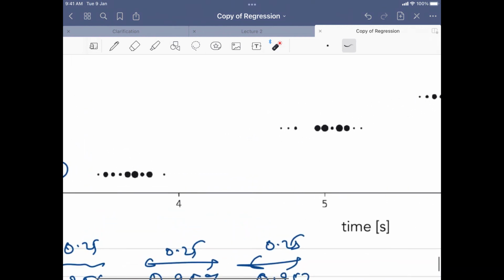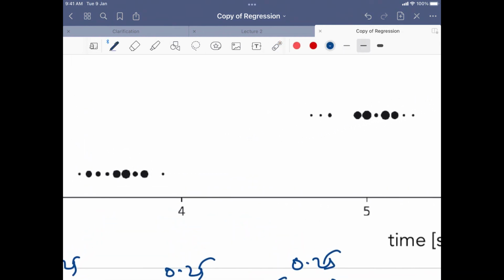What it tries to show here is that the bigger the area of the dot, the more samples there are with the same value. A smaller dot means fewer samples with the same value. For example, if it is this dot, it has a value of, let us say, 2.5, and 20 such values are there. And if it is this dot, it has some other value, let us say 1.2, and only 10 values are there.